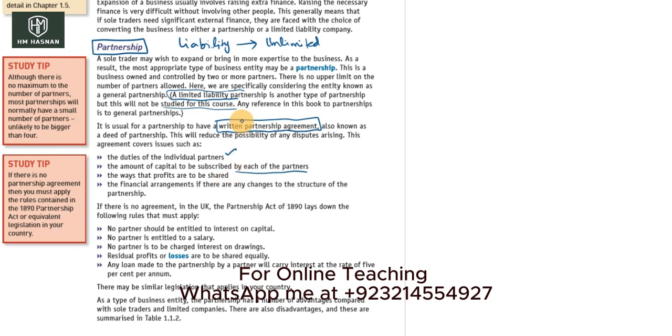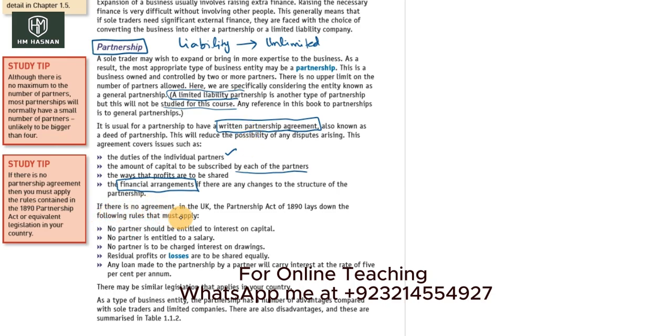It will be decided by mutual agreement how profit is to be shared between the partners. The financial arrangement, if there is any change to the structure of the partnership. What does the financial arrangement mean? If a new partner is added, what will be the financial arrangement? If one partner withdraws from the partnership, what should the financial arrangement be? All is written in the partnership agreement.